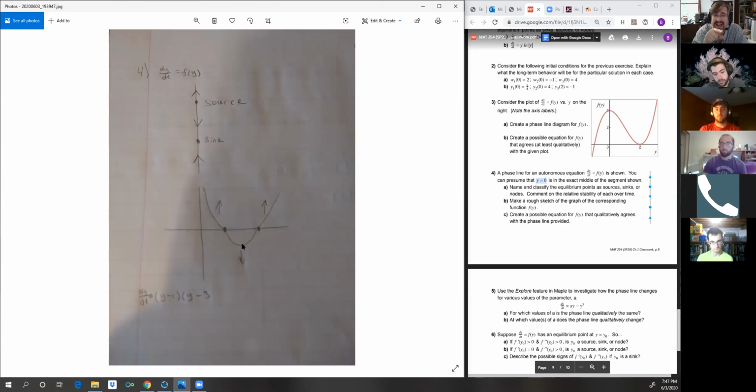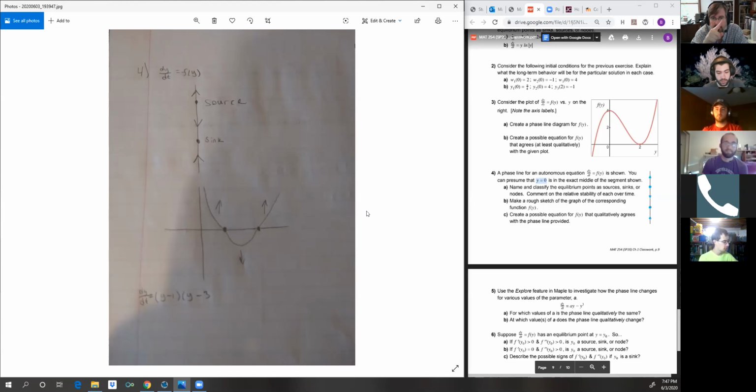And by the way, what are the axes for that graph that you're on right now? I did not label. It's y of t in the up and down, and then t in the x. So you had me on the phase line, but you're labeling the axes wrong.